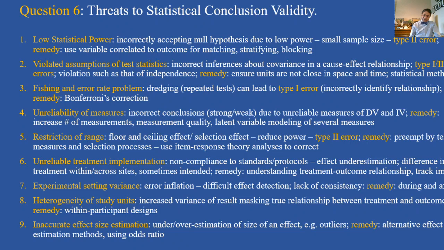Threat number 7 is erroneous variances in experimental setting, which causes inflation in error, resulting in difficulty detecting any effect. For example, factors not concerned with the experiment but potentially affect the result, such as noise, changes in temperature.